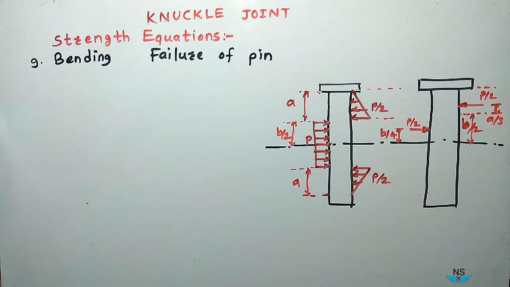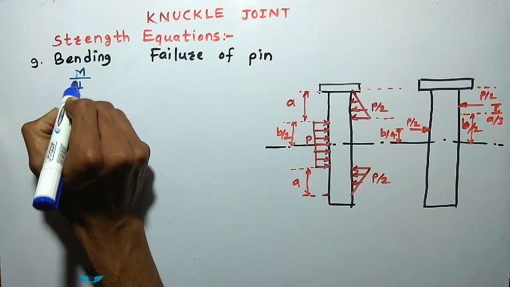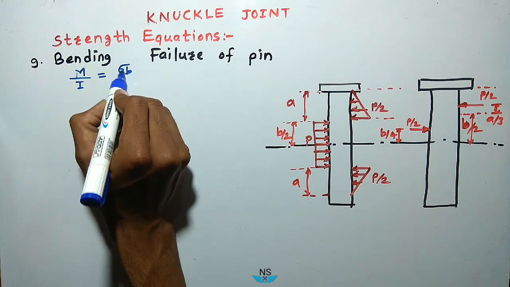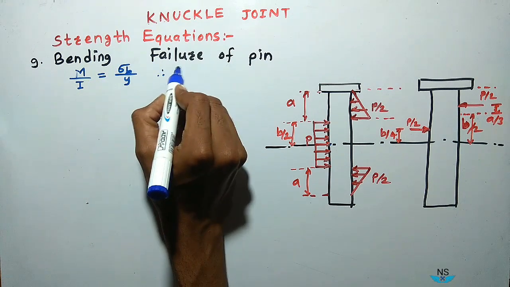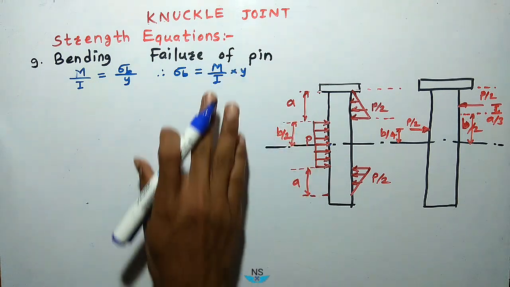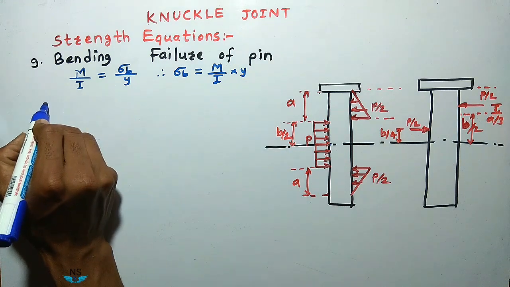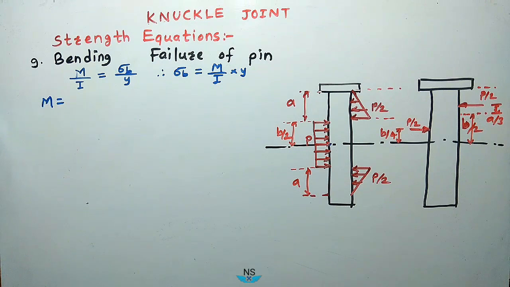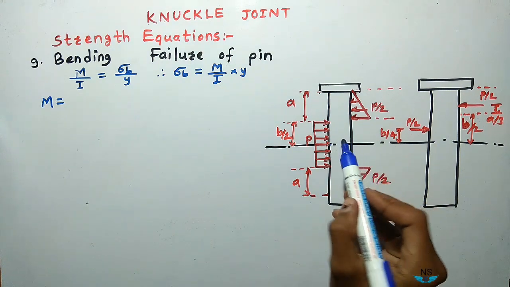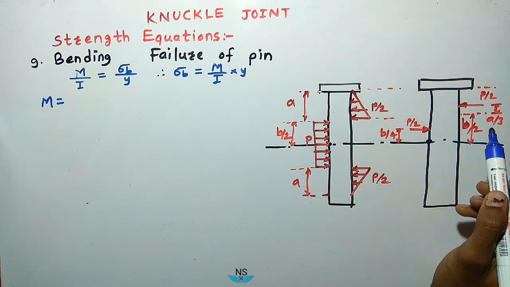At the center there is the maximum bending moment, and in bending failure we need to find sigma b. So use the flexural formula, M divided by I is equal to sigma b by y. Therefore sigma b is equal to M divided by I into y. To find it, first M, then I, then y. Now let us see M. M is the maximum bending moment at this center.